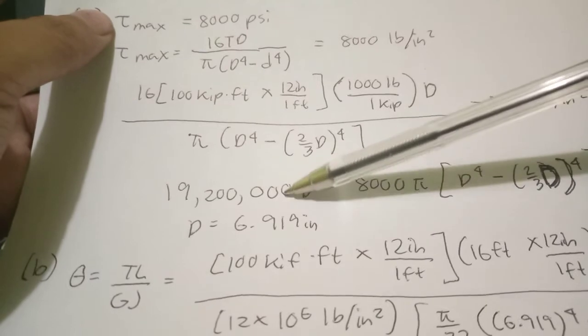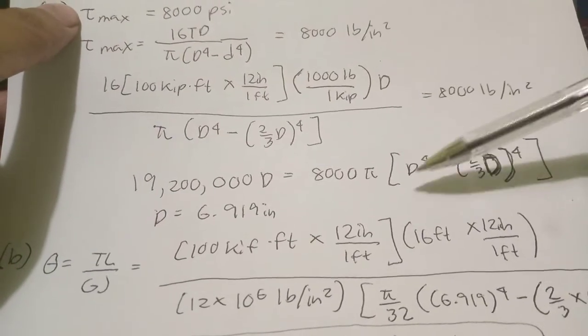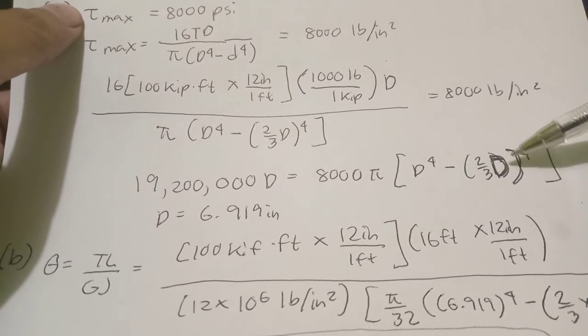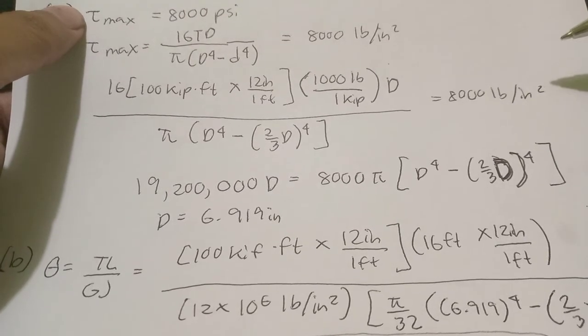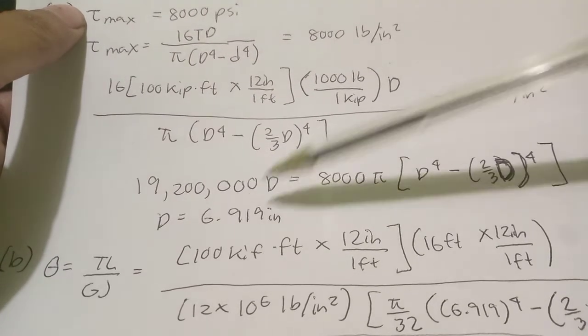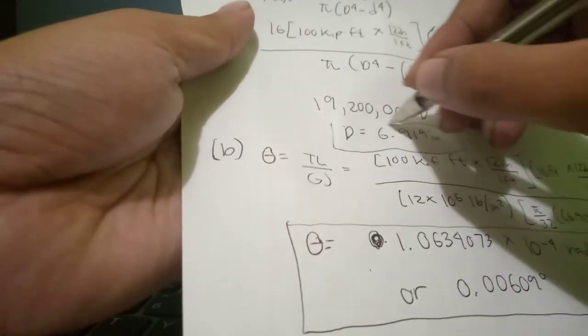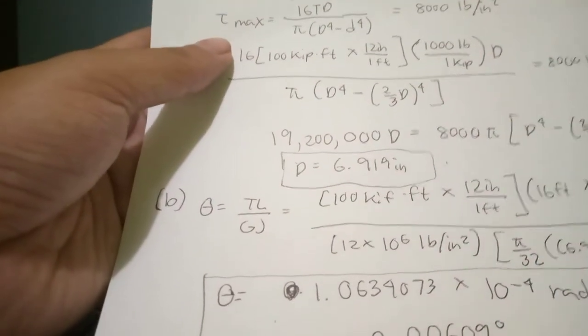So we have 19,200,000 D is equal to 8,000 pi multiplied by big D to the power of 4 minus 2/3 of big D to the power of 4. What we get is the value of the outside diameter, which is equivalent to 6.919 inch. So this is our answer.